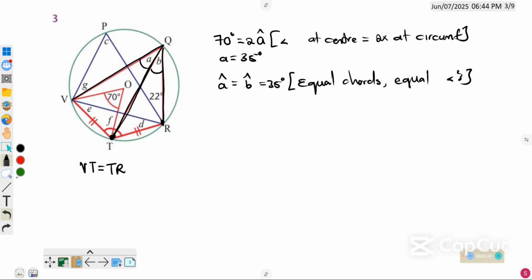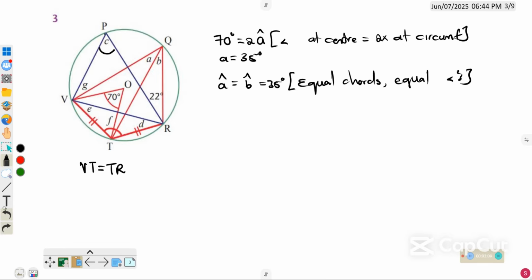Now that we have those two, let us go find angle C. If you look at angle C, it's always about tracing back. You trace back to the circumference, find the 2 points that make up that angle. So angle C, when we trace back, we can see that it originated from those 2 points T and R. Which other angle is subtended by that? It's that whole angle Q. So if you look at that, you will see that angle C and angle Q should be equal to each other.